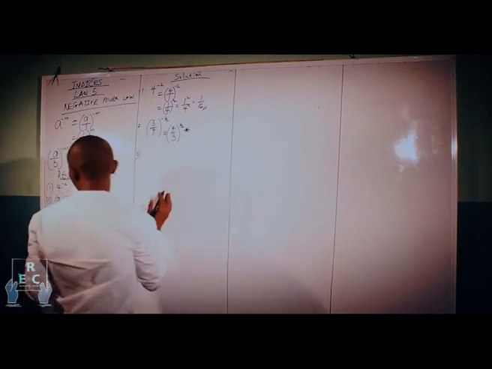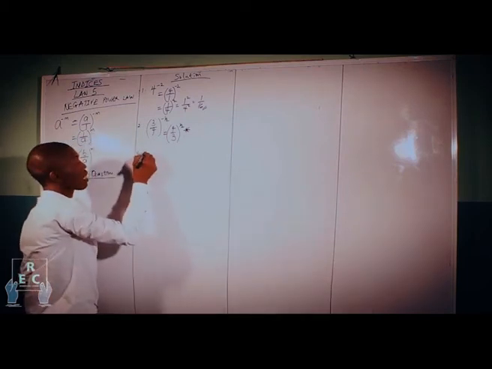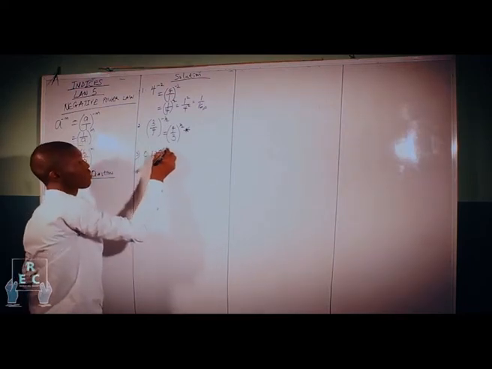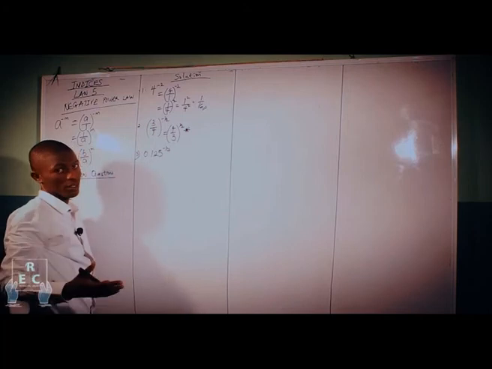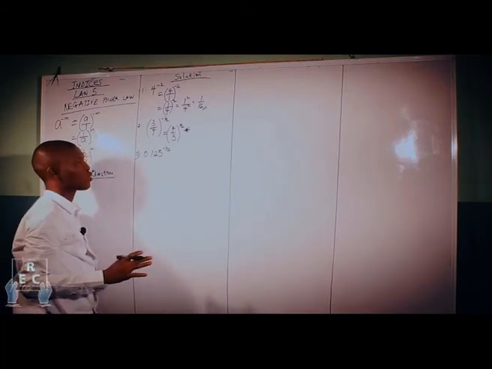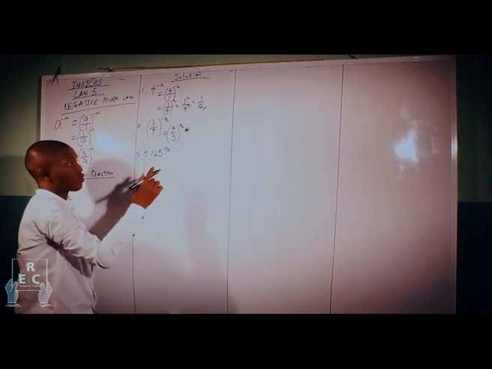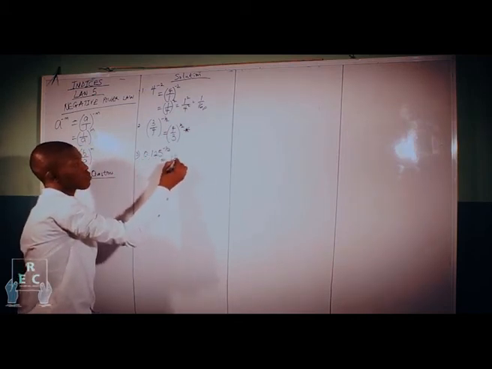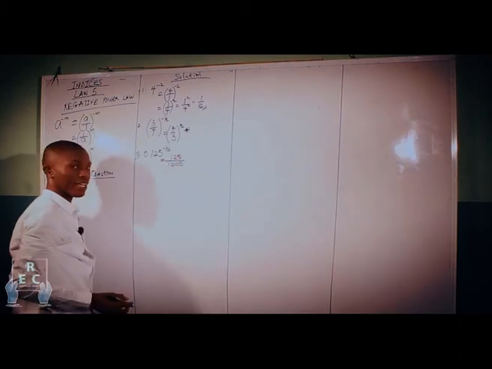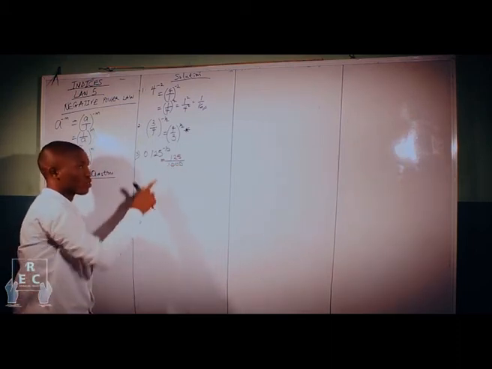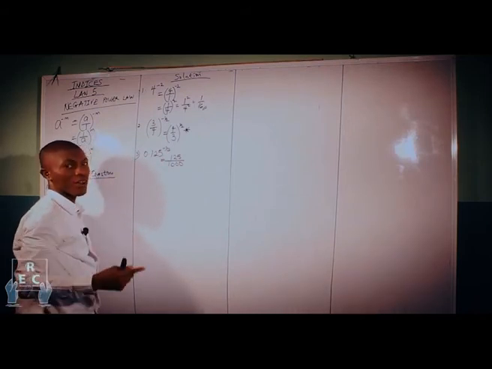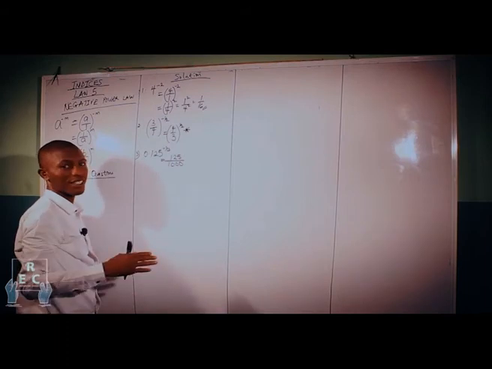Now question 3. Look at this decimal, strange but simple. What do we do? Convert this to a fraction, and it becomes 125 all over 1000. If you don't know how to convert to a fraction, don't be discouraged. Go back to the series on fractions, you will see the nitty-gritty there.